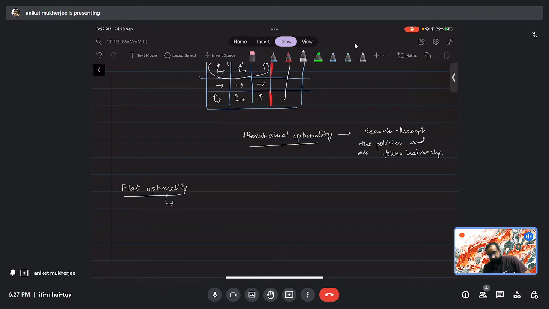So flat optimality is basically the global optimal solution, which does not respect hierarchy.